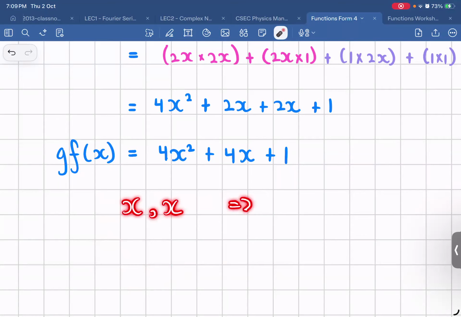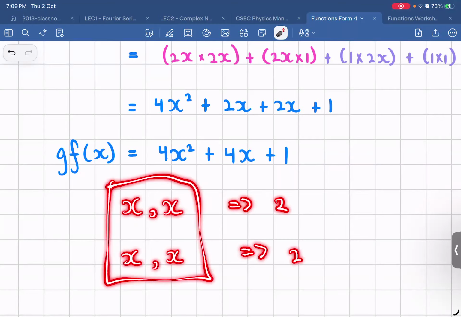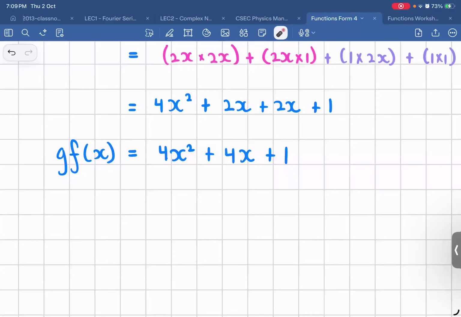So if this is 2, and this is 2, how much x's do I have altogether? Sir, 4. Yeah, that's how I get 4x, because I have 2x and I added on 2x's again. So 4x. You sure you understand that? Yes, sir. You're sounding kind of unsure, you know.